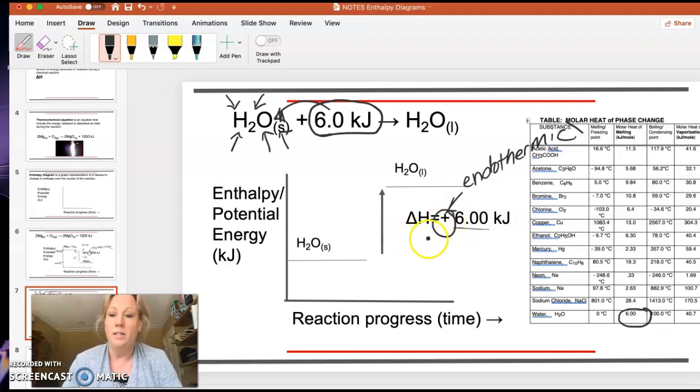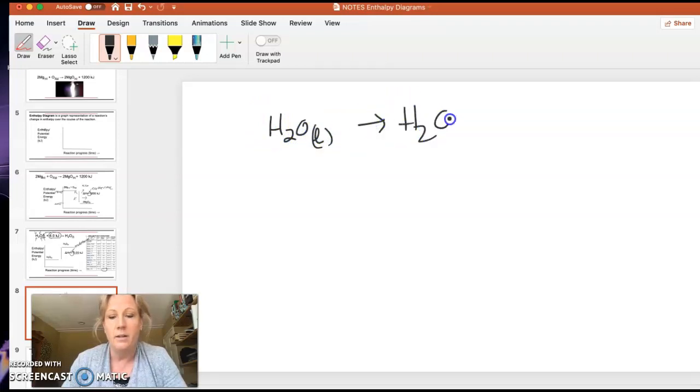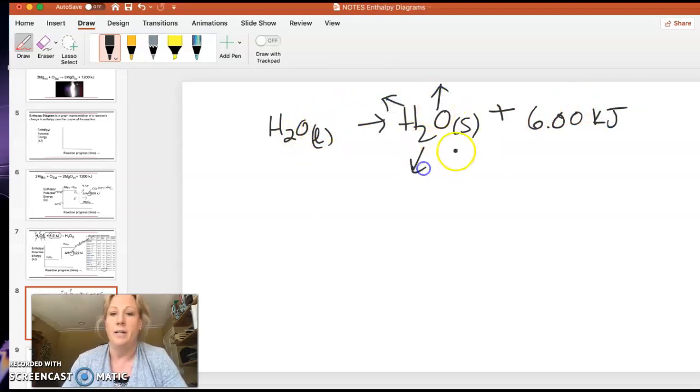If we were to reverse that, so let's say we're reversing this now, we're taking liquid water and we're freezing it. Now the 6 kilojoules of energy is going to be released. As the liquid becomes solid, that energy is getting given off into the surroundings.